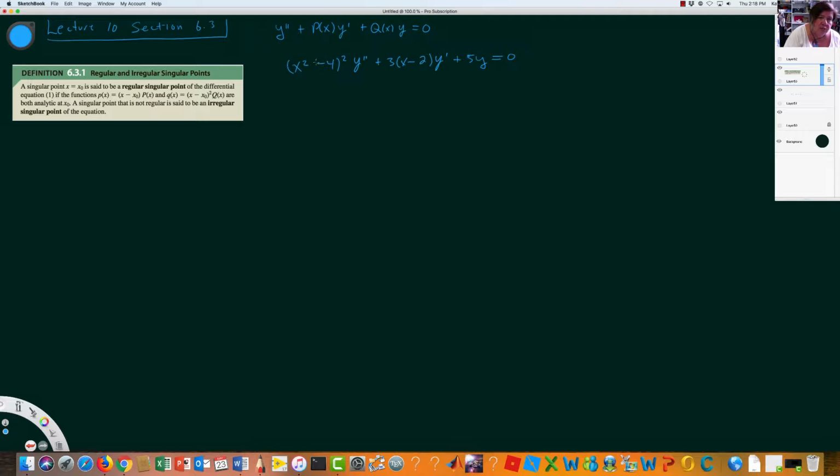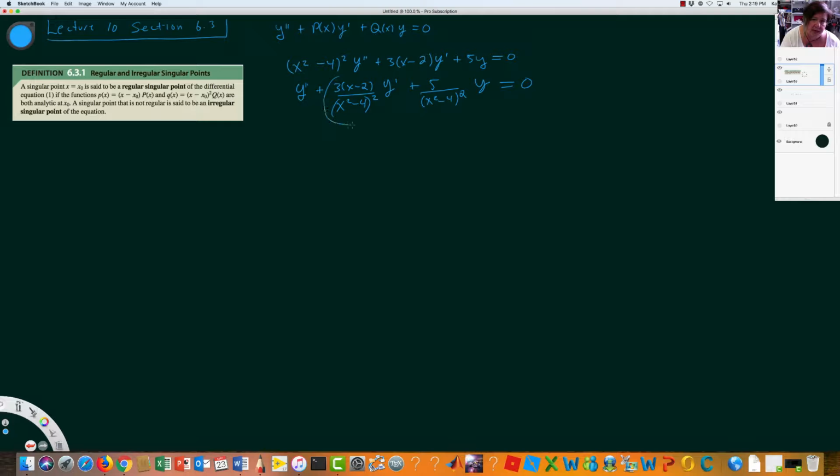If we divide the equation by this to get it into our standard form, we have y double prime plus (3x minus 2) over (x squared minus 4) squared times y prime, plus 5 over (x squared minus 4) squared times y equals 0.